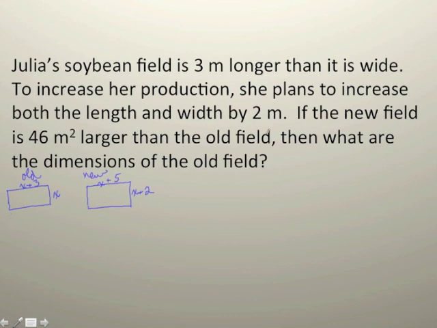And they talk about it being 46 square meters larger. That means it's an area. The area of the old field is x times x plus 3. And the area of the new field is x plus 5 times x plus 2.